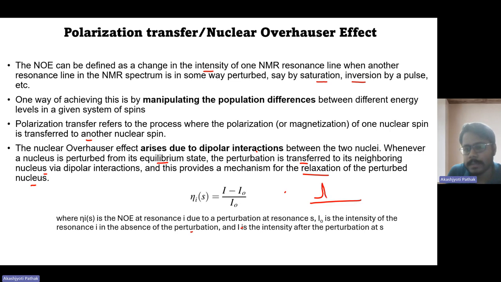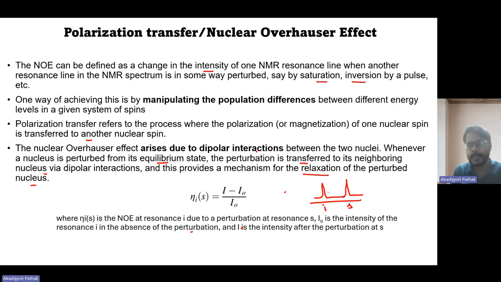Say this is the intensity of the nucleus, and this intensity is at I, and another nucleus is there which is in its close proximity, and this nucleus intensity is at position S. So I0 is the intensity initially.